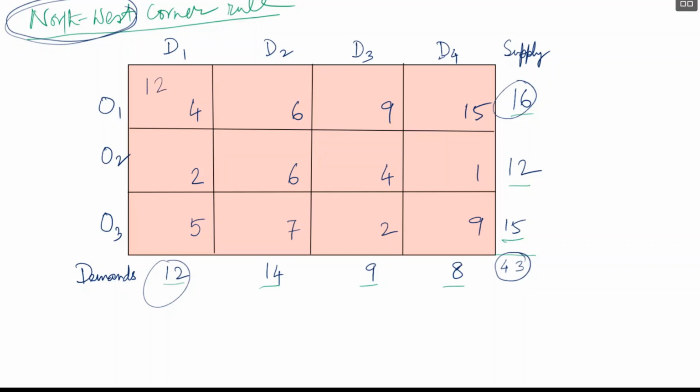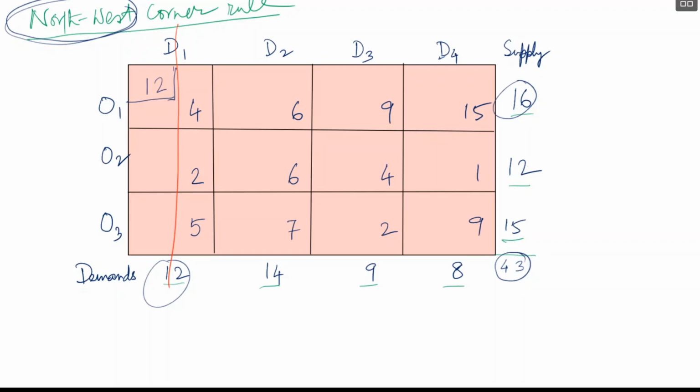So we assign 12 units of items to be transported from origin O1 to D1, and as the total demand of destination 1 has been fulfilled, we don't have to bother about the first column anymore. So we discard it from the problem.